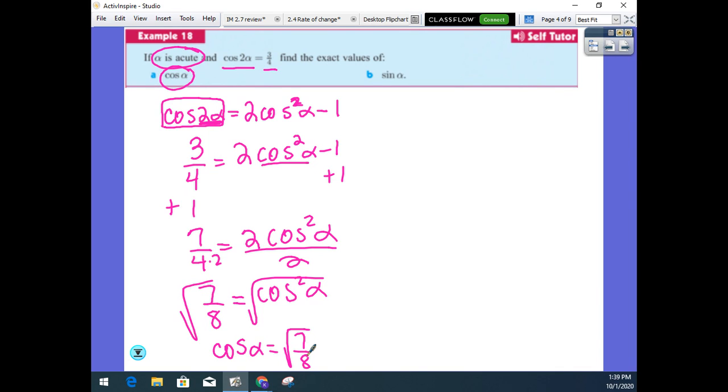Okay. Now, if I know what cosine is, I can use the cosine value to find the sine because I know that sine squared plus cosine squared equals 1. Do you notice how often we've used this identity? This is our Pythagorean identity that connects sine and cosine together. So I can replace cosine with the square root of 7 over 8 squared.